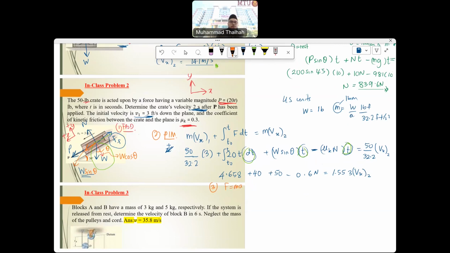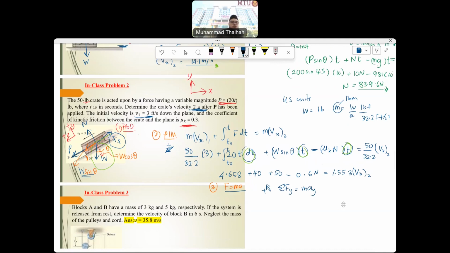So in the Y direction, you would not have any impulse, so it's not applicable for the principle of impulse and momentum. So you're going to use your equation of motion, which is going to give you the sum of force in the Y direction equals mass times acceleration in the Y direction.